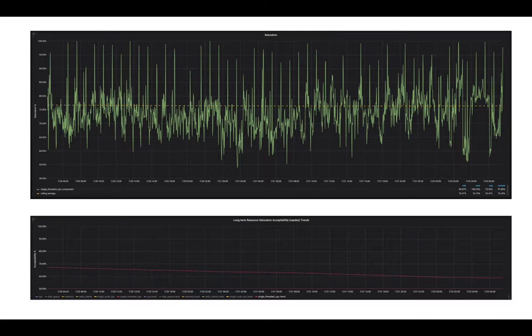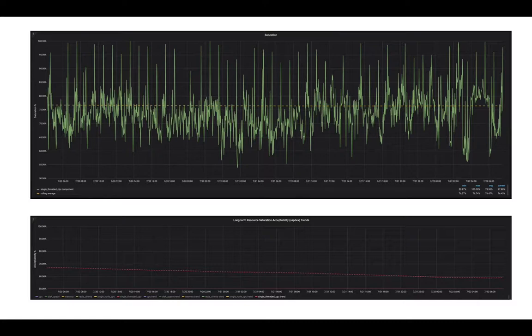And using linear interpolation on the SAPDEX value, interpolating one month into the future, we can forecast potential resource saturation issues. This should give us more insight into long-term trends, and having one month's warning should be enough time to allow application changes to be made to avert degradations before they reach saturation.